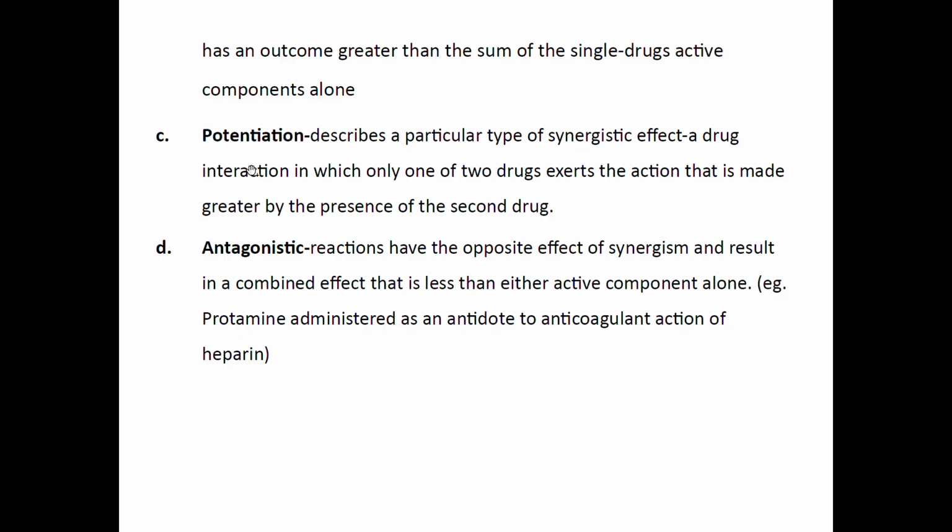Clavulanic acid has no mechanism of action or therapeutic activity of its own, but it can cause an effect by modulating the ADME profile, or the binding profile, of penicillin. So this is potentiation.